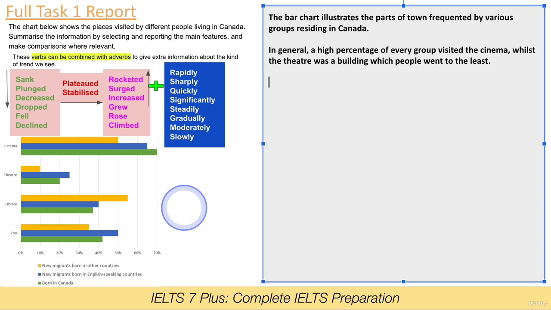Right, so now we can move into our first group, and we'll have our notes here: the cinema and the library. Okay, so we've mentioned the cinema. Let's get stuck in with this because that is a striking piece of information here, and we can draw upon the numbers. So maybe we can start with a nice phrase like without a doubt.